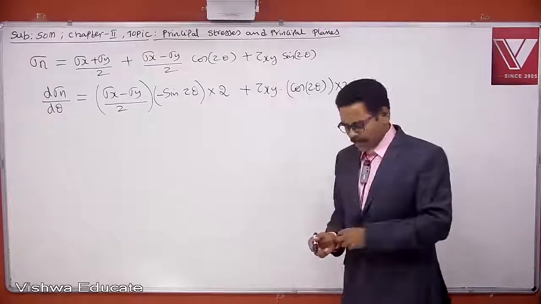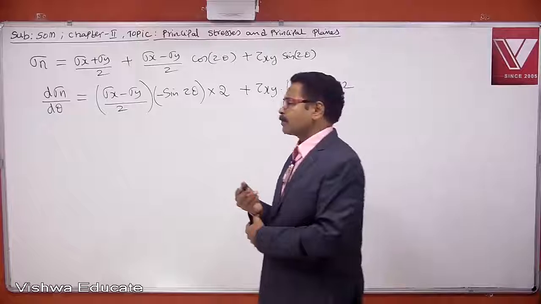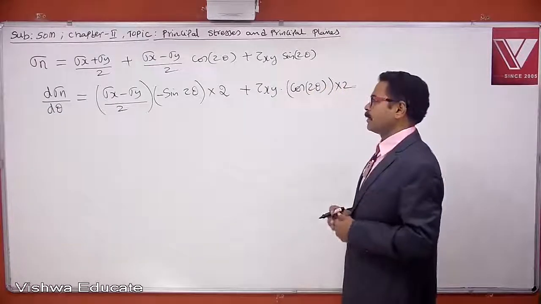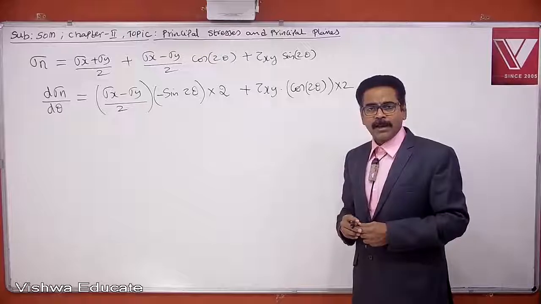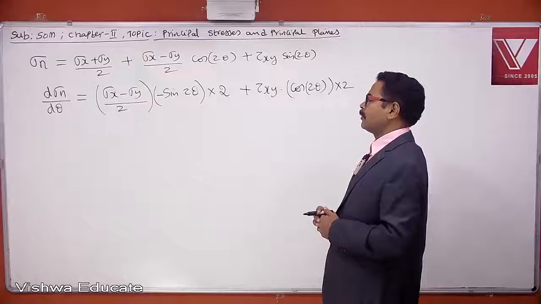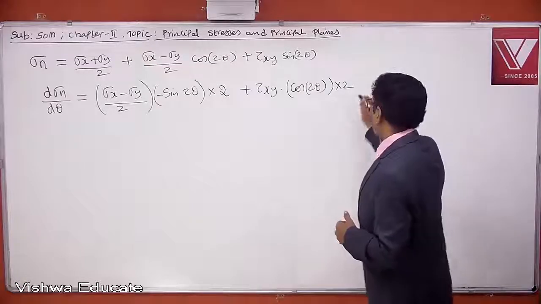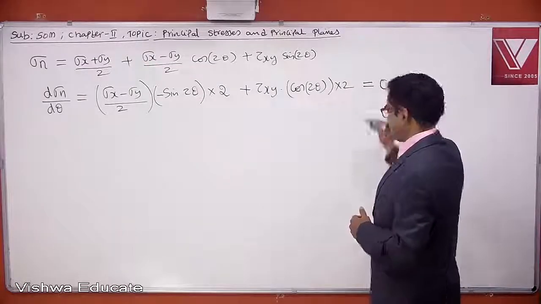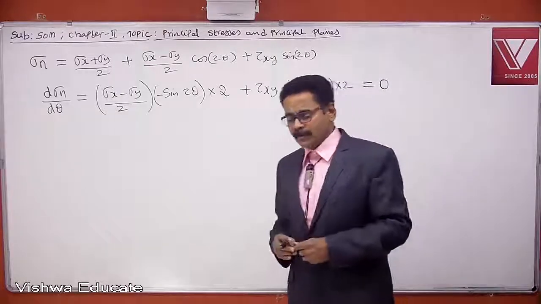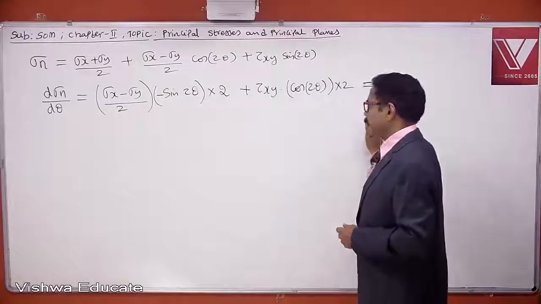Okay, so here we differentiated the normal stress formula with theta. Here we are trying to find the highest sigma n and lowest sigma n. So at the highest and lowest value of sigma n, its differential will be 0. So this is equal to 0.